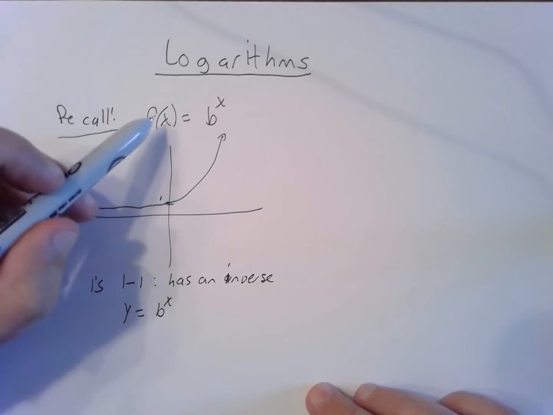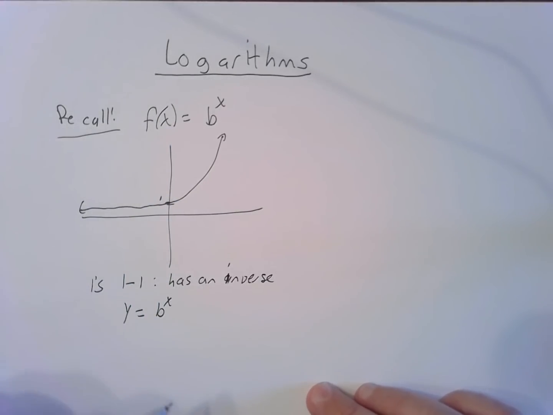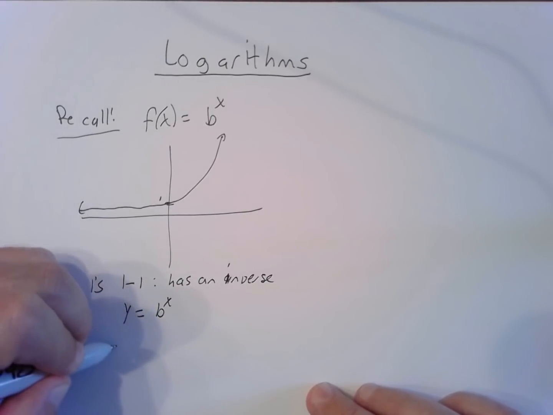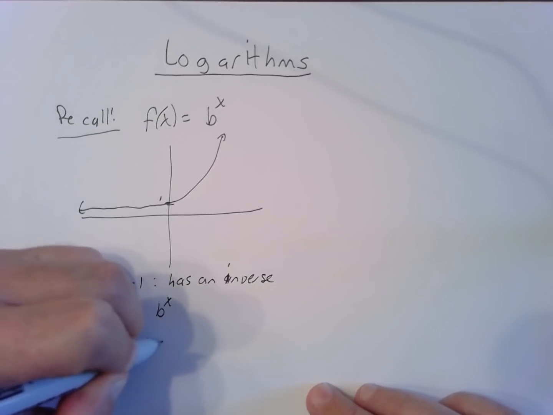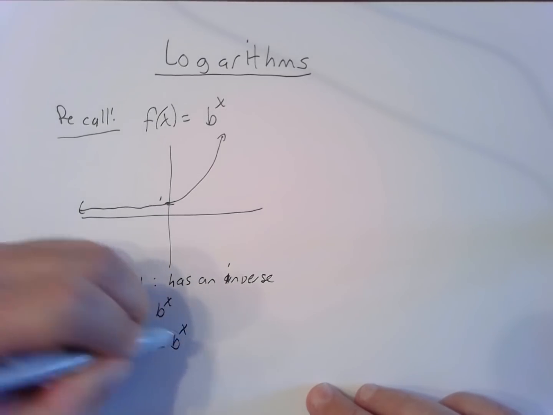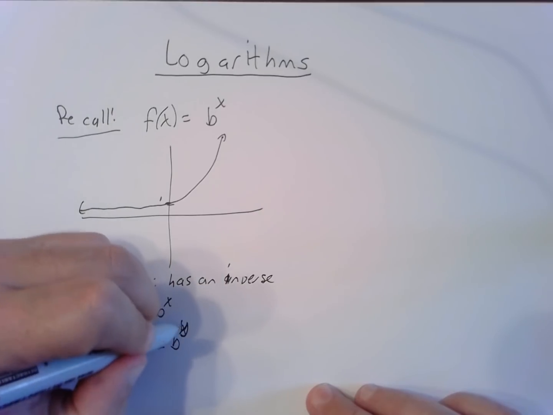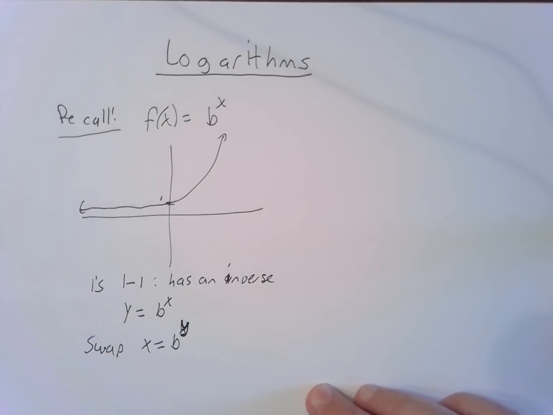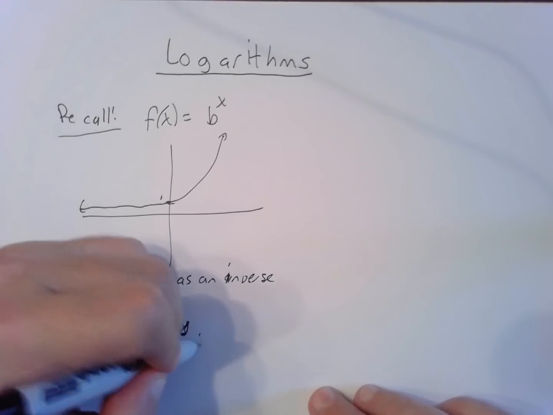First step in finding an inverse, replace f of x with y. Next step is swap out x and y. So we would swap and get x equals b to the y power. And then we would solve for y.